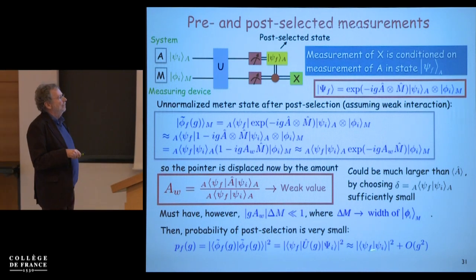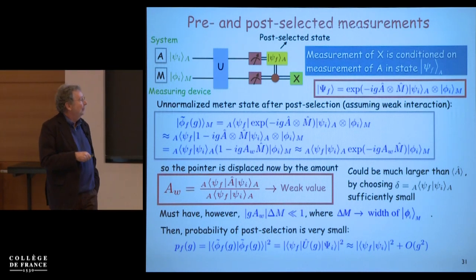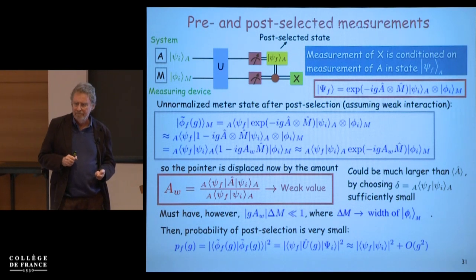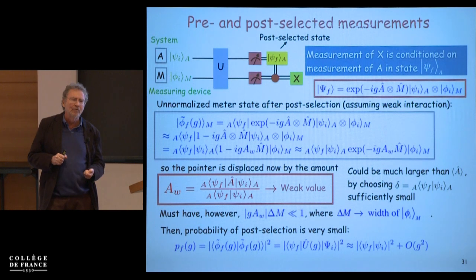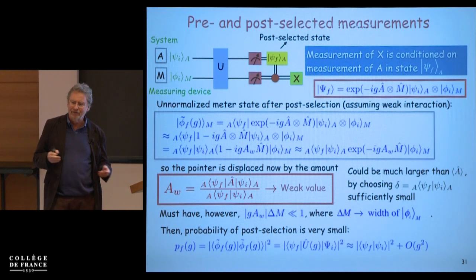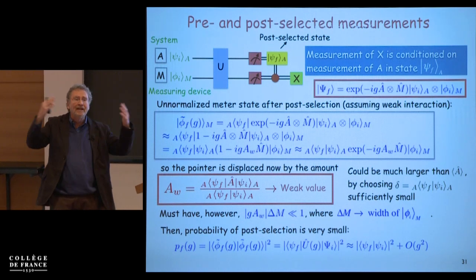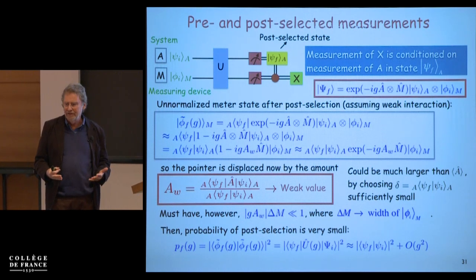Now, if psi f, psi I is very small, that means that the probability of post-selection is very, very small. And we might then wonder what quantum metrology has to tell us about this, because after all, that means that you are spending lots of resources in order to get this expression. Okay? Resources include all the data that are not taken into account.